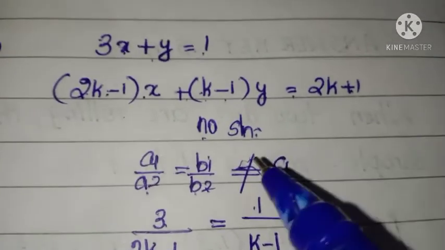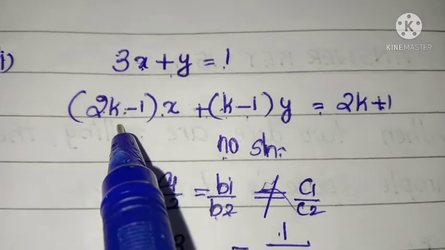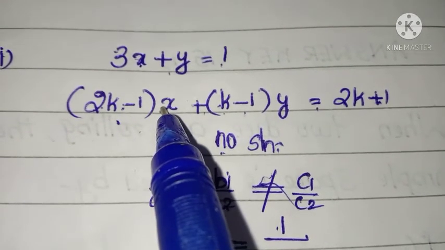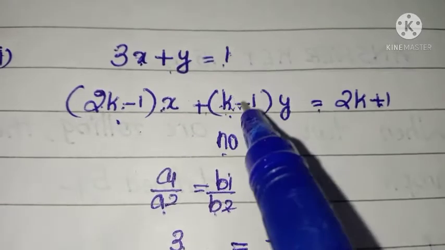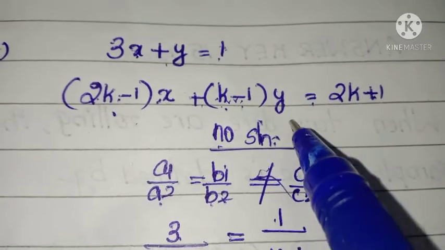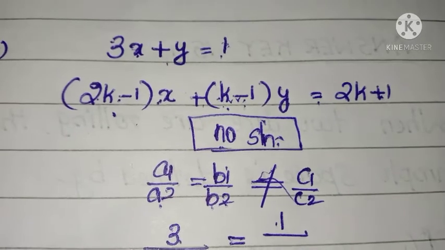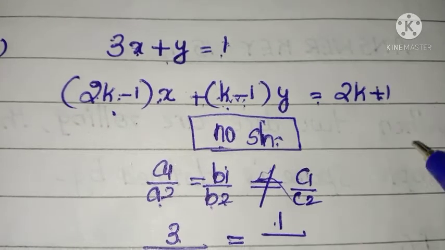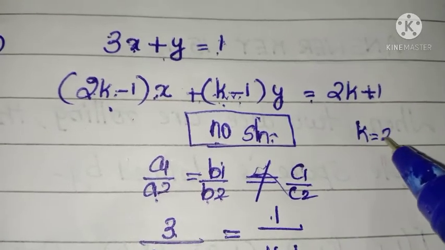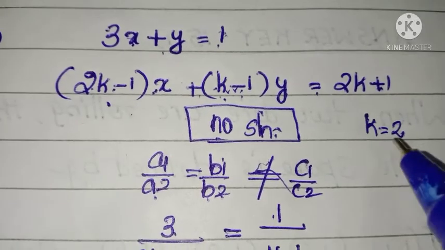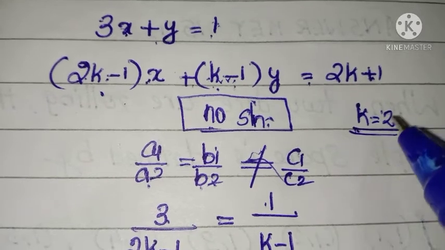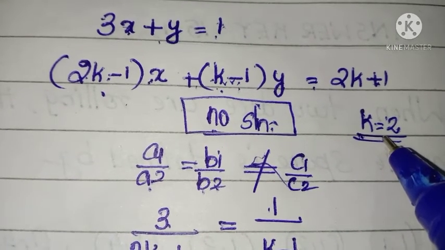K is equal to 2 means when we put k is equal to 2, the given pair of linear equations have no solution. Okay. For the value of k equal to 2, the given pair of linear equations have no solution. So k is equal to 2. That's our required answer.